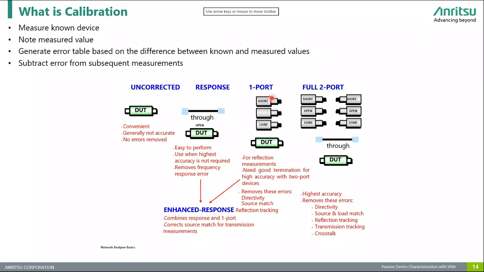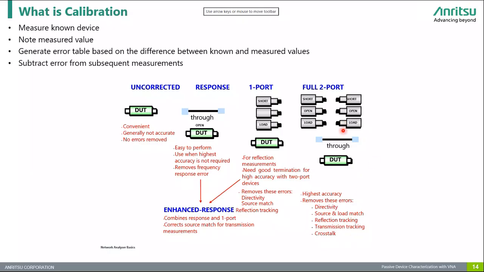Coming to the one-port calibration, this method is used for reflection measurements, which involves using open, short, load standards. It removes errors like directivity, source match, and reflection tracking. For two-port calibration, this is the most accurate method. It removes a wide range of errors, including source and load match, transmission tracking, and crosstalk.